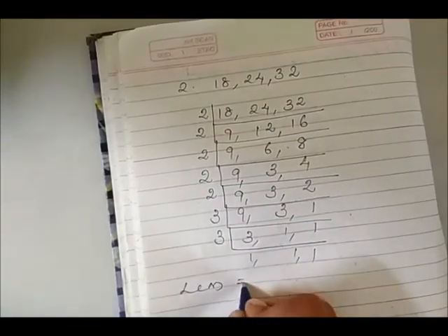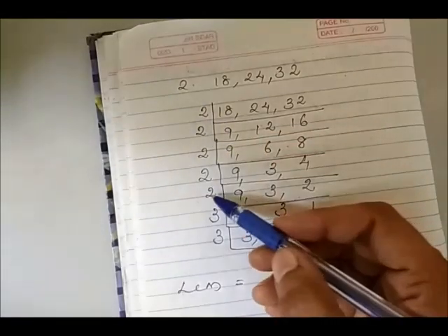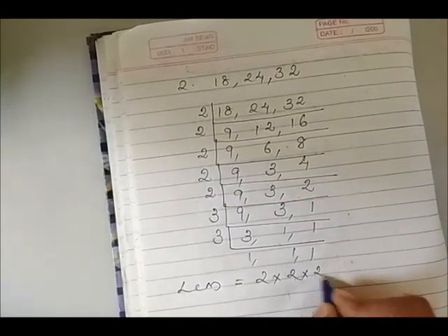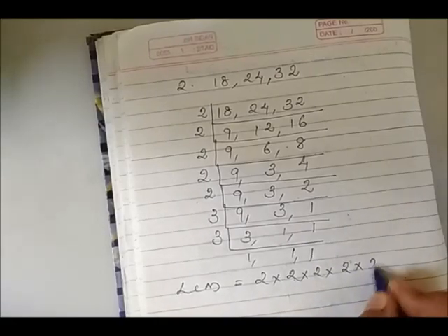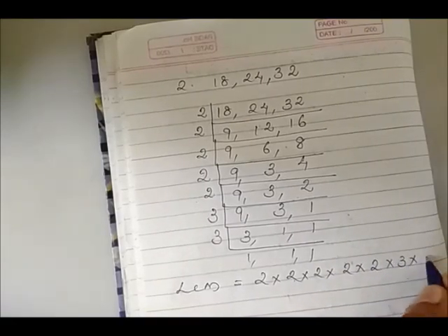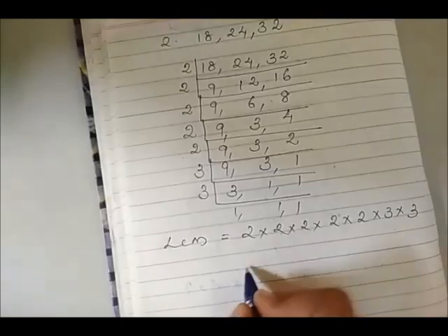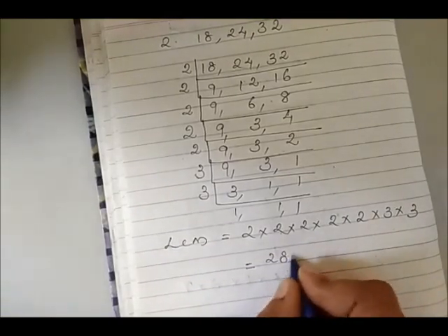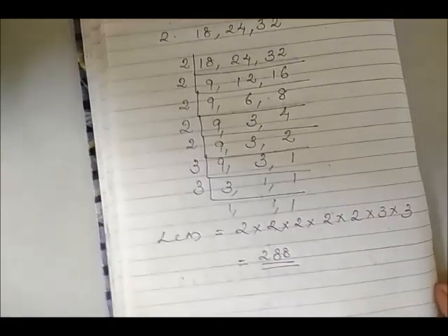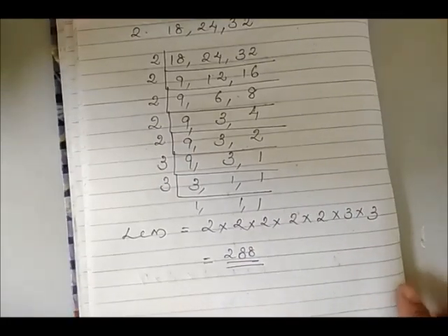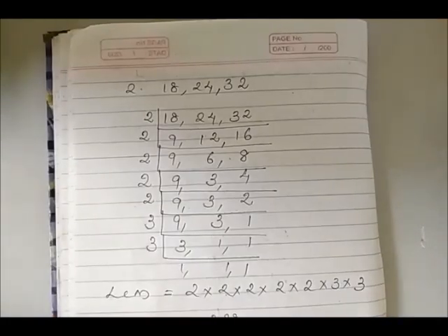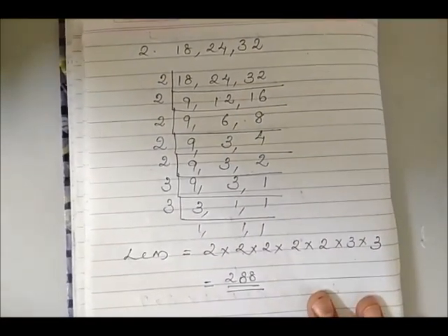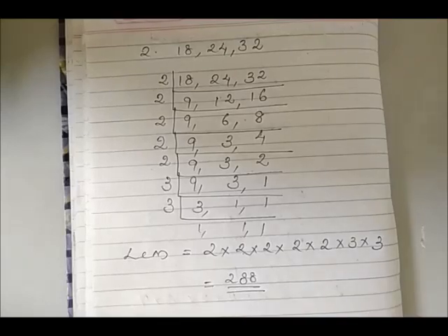LCM is equal to, here there are five 2's: 2 into 2 into 2 into 2 into 2, then 3 into 3. What will be the answer? If you multiply, you will get 288. Clear? This is how we find LCM by the division method.